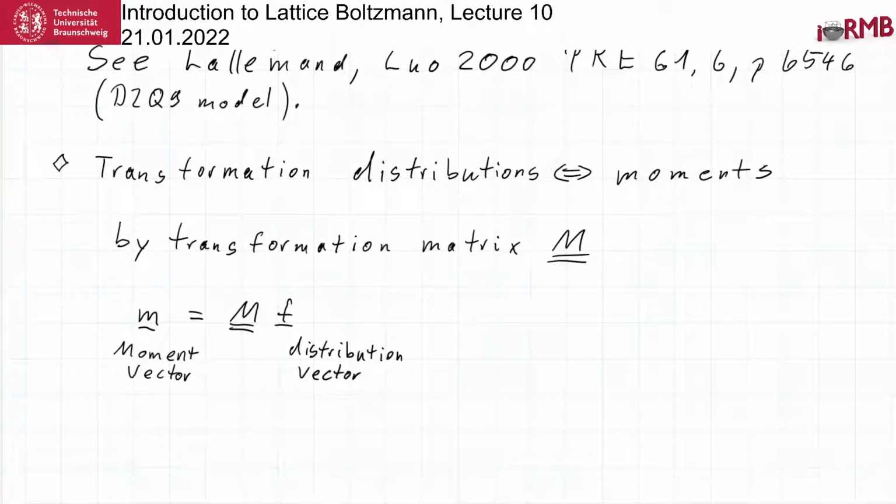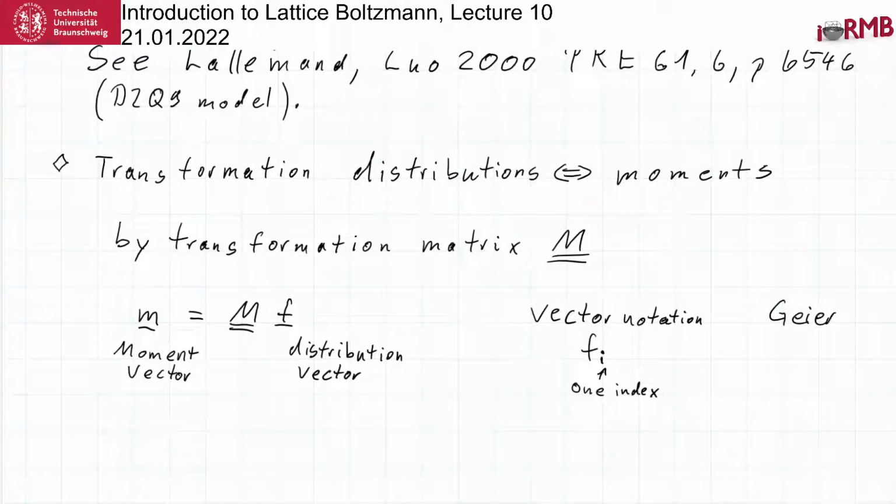Yeah, and as you see, they use a different notation from what we are using. Yeah, there is a vector notation. So this vector is a one-dimensional vector, which means if you want to have the parts of the vector, there will be one index here, f_i. This is different from, if you will, the Gaia notation.